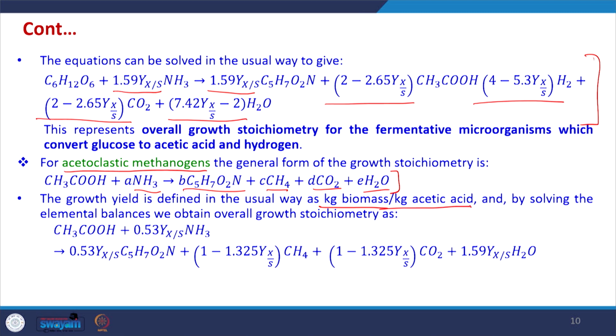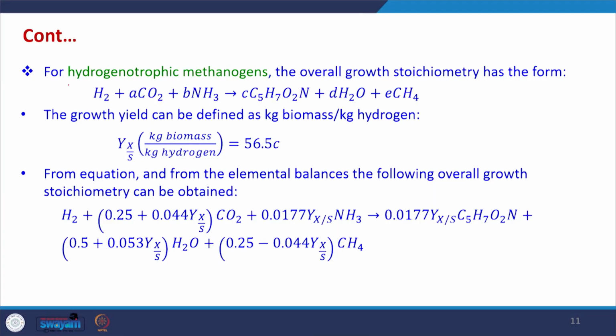Combining this we can write the overall equation in this form, and we can find the exact value of the coefficients once the growth yield is experimentally determined. This is how we go ahead in solving different types of stoichiometric overall growth chemistry equations.